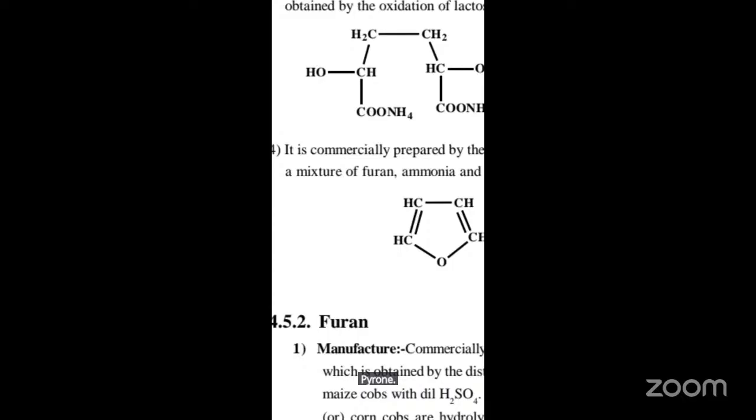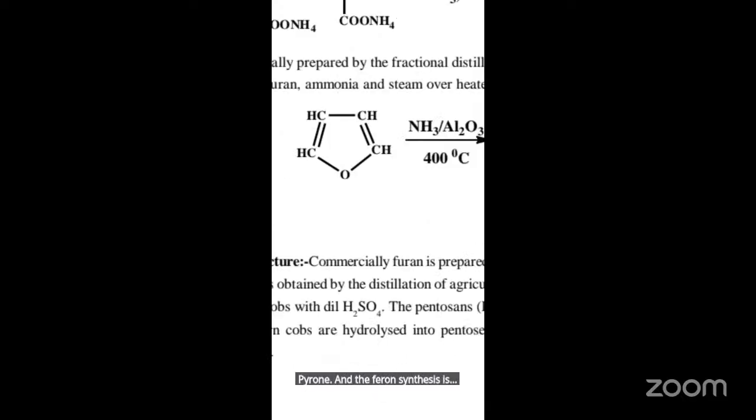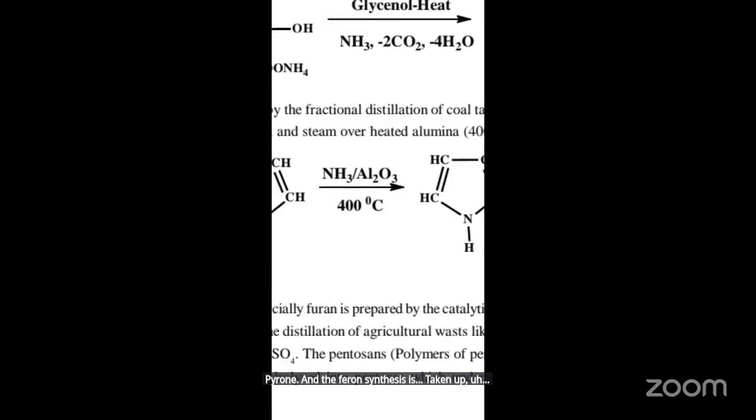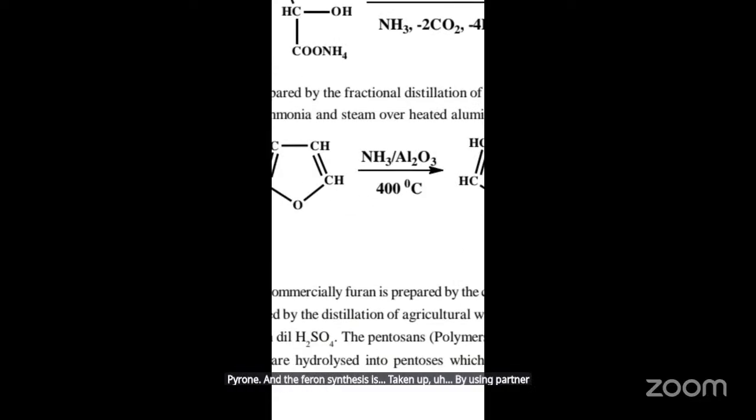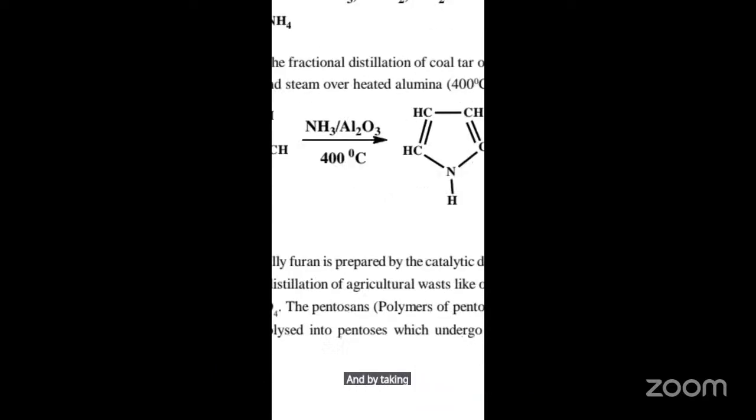And furan synthesis by the Paal synthesis is one of the methods, and by taking furan, you will get the pyrrole.